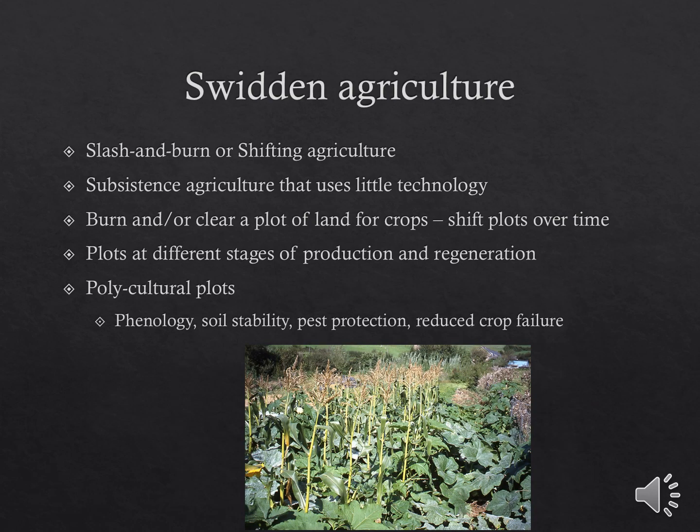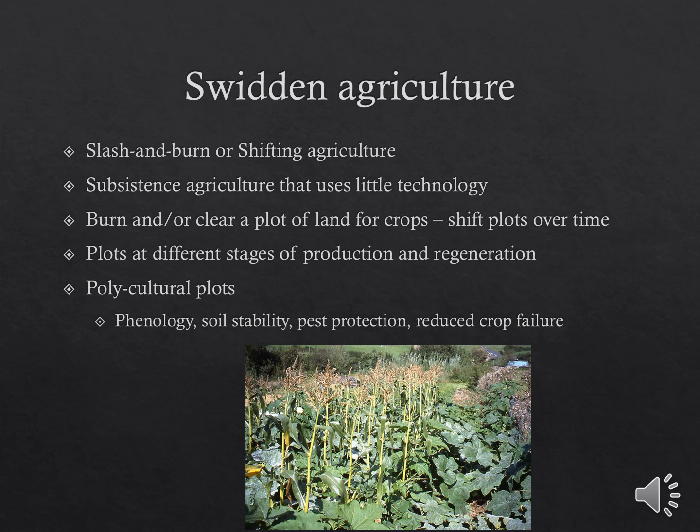To help reduce that damage to soil fertility and therefore prolong the life of your plot, you can plant different crops together with each other. And that's exactly what we find in Swidden agriculture. And that's part of the reason why fruit trees are planted along with grain crops.